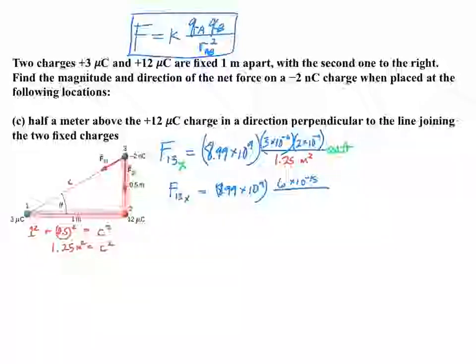So I'm just multiplying those two things. I'm going to have 1.25 in the bottom here, but my cosine is going to be 1 meter, the adjacent side, over the hypotenuse, which is 1.12.